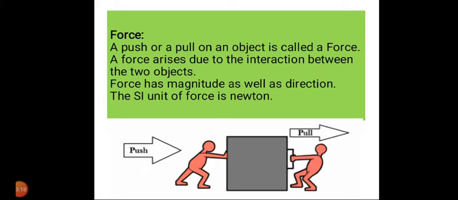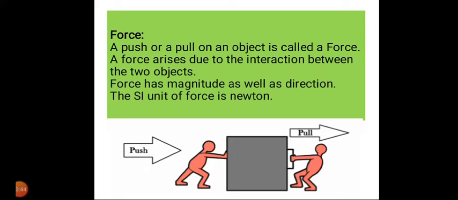Okay, now forces can be applied on an object in the same direction, adding to one another. And if two forces act in the opposite direction on an object, the net force acting on it is the difference between the two forces. So net force means total force.